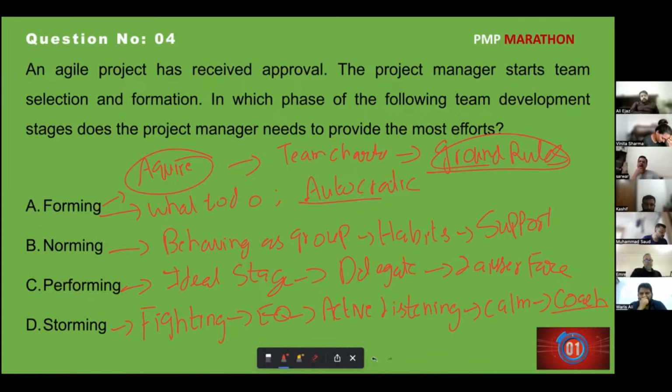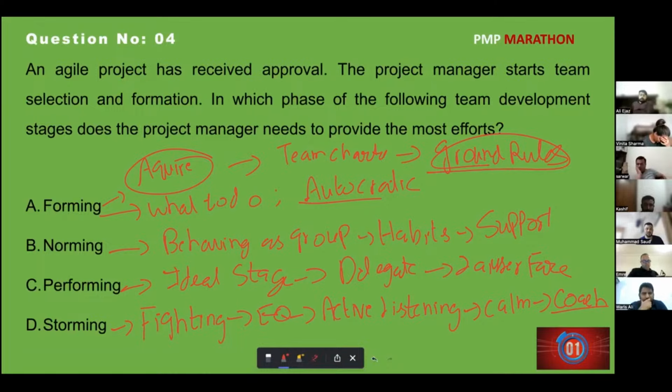The storming phase, Bhavana, is the most important phase. We work with them. We want to understand what their problem is. If there is any challenge, we try to solve it. In the storming phase, we do the most things. We make sure they're on the right track, and we look into that.